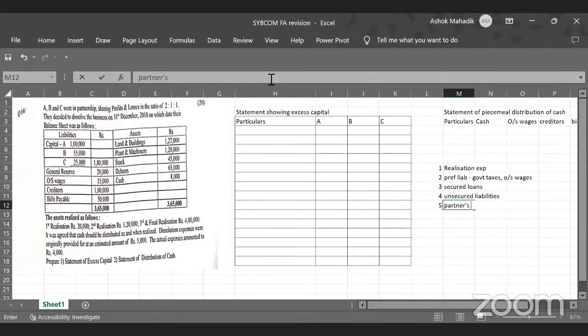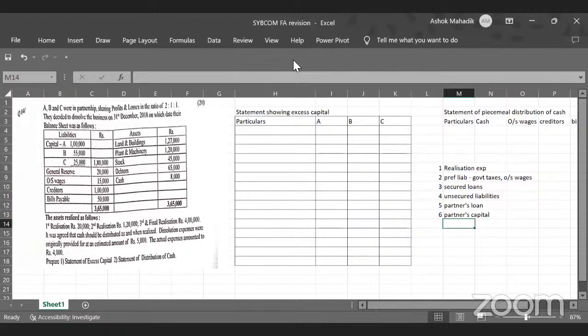And at the end we pay partners capital. So this is the order. You have to remember this order. You have to pay your liabilities in this order.